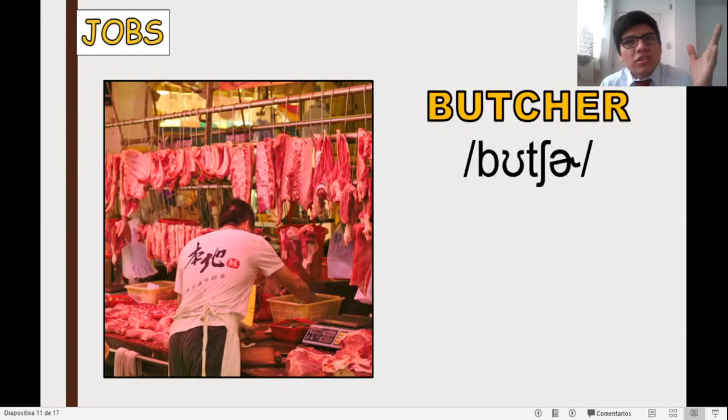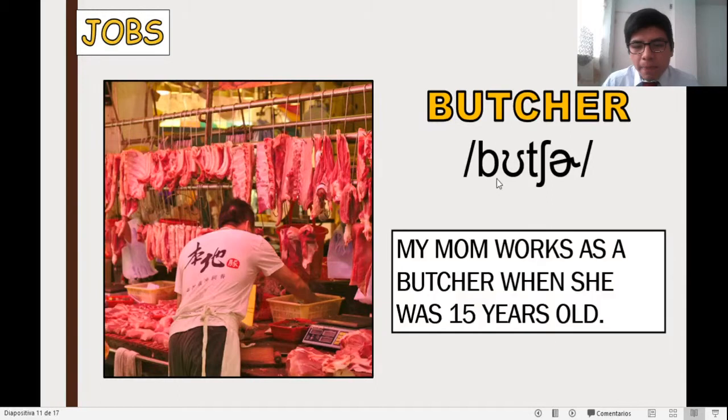You can find meat, you can find chicken, you can find pork, which is pig, and you can find another kind of meat, so that's butcher. For example, my mom worked as a butcher when she was 15 years old.